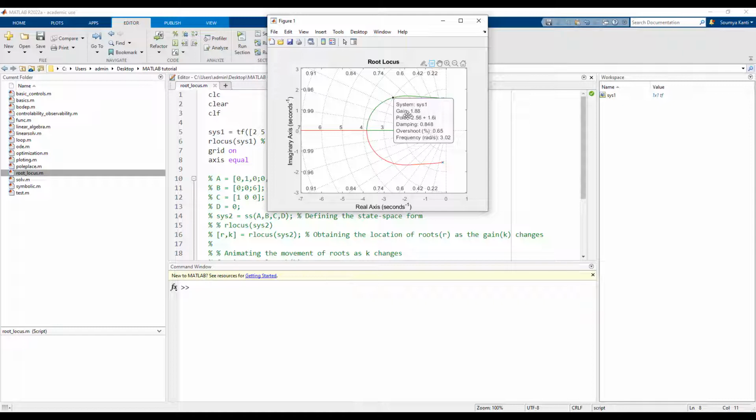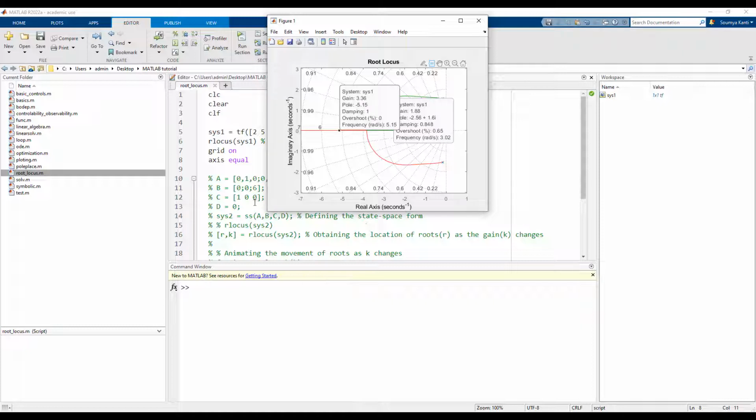Similarly, this is the pole at this particular point, meaning the value of its real part and imaginary part. You can see the frequency, the overshoot value, and all other details. You can choose different points also. So this is on the real line, and you can see that the pole is at this particular point.